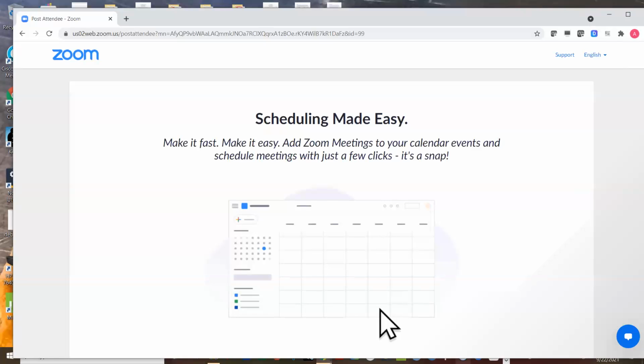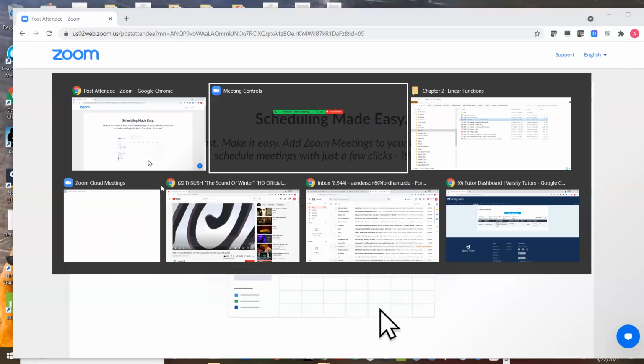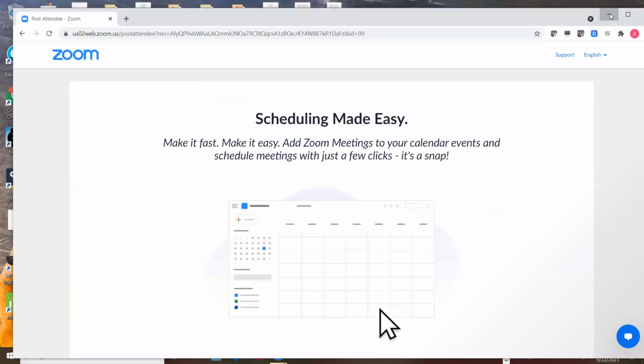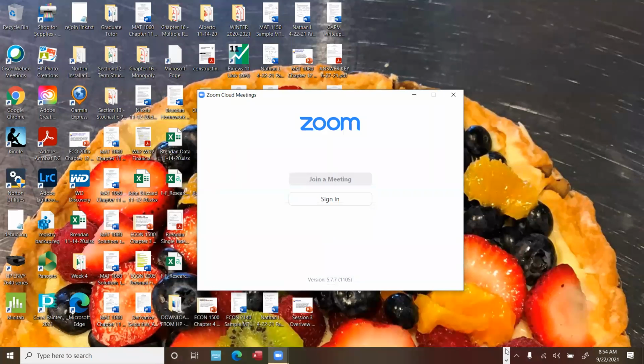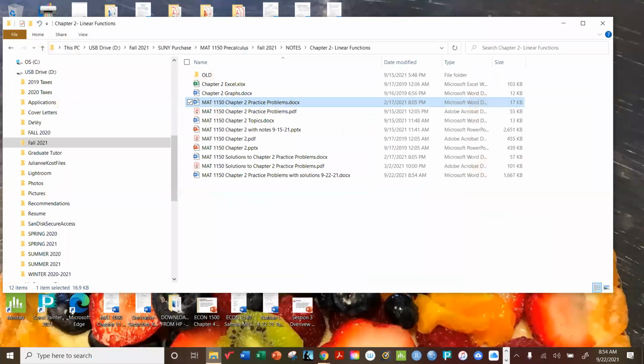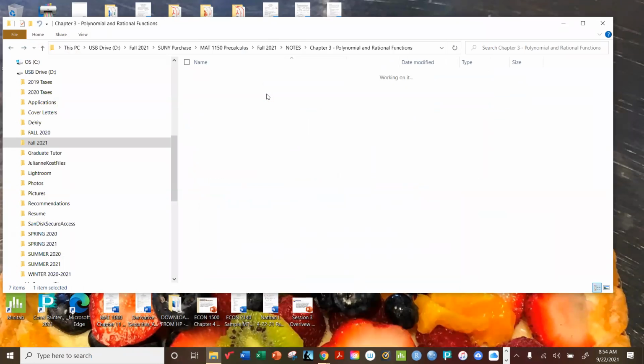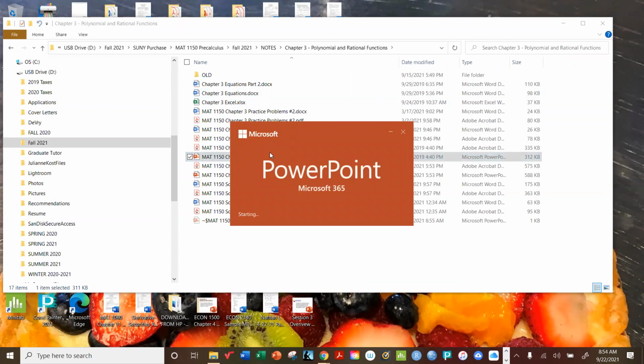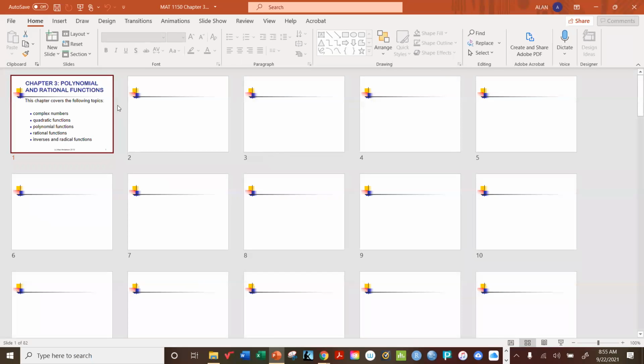Anyway, in the meantime, all that we have to do for the rest of the day is look at chapter 3, which is a little more challenging than chapter 2, but we'll get there. We'll work on it because these are functions that are not linear. They're different from linear functions in a few very important ways.